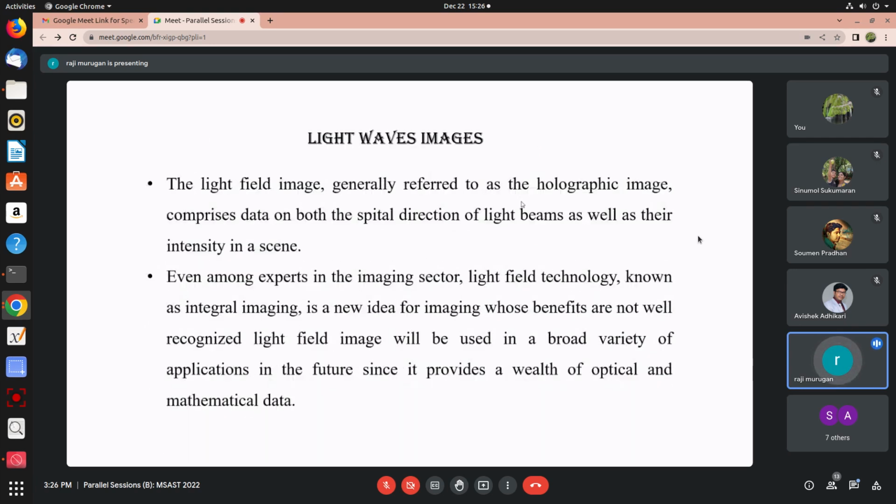The light field image, generally referred to as the holographic image, comprises data on both the direction of light beams as well as their intensity in a stream. Even among experts in the imaging sector, light field technology, known as integral imaging, is a new idea for imaging whose benefits are not well recognized. Light field image will be used in a broad variety of applications in the future since it provides a wealth of optical and mathematical data.